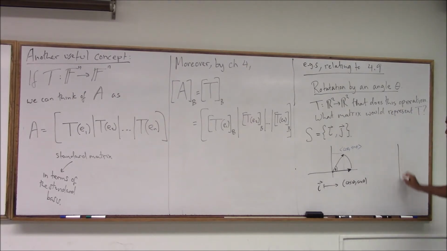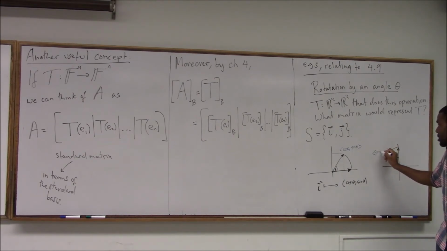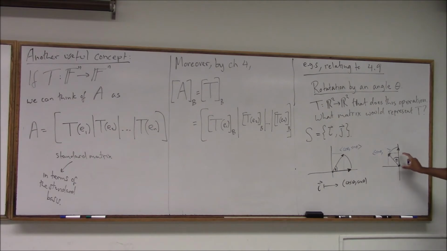And then I can look, for example, at what happens to the j vector. Right? If I rotate by an angle theta to get a new vector, what are the coordinates now? Right? What would the coordinates of this guy be? The x coordinate would be what? Negative sine theta. And the y coordinate would be?